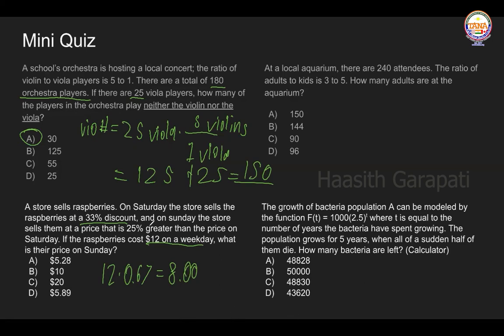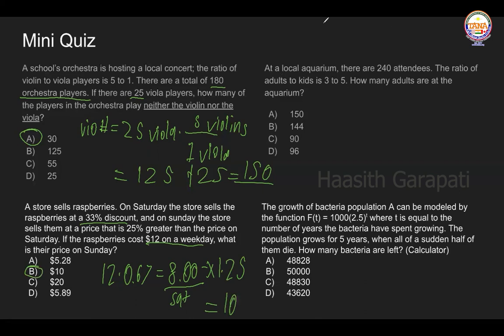And then on Sunday, the store sells them at a price that's 25% greater. So this is the Saturday price, and then the Sunday price is going to be equal to 8 times 1.25, which is equal to 10. So the correct answer is going to be B.